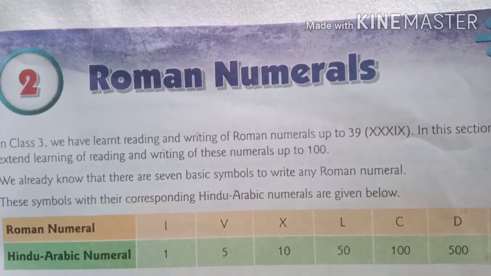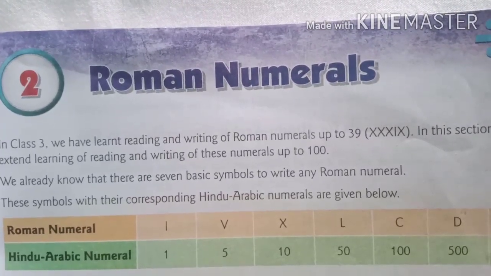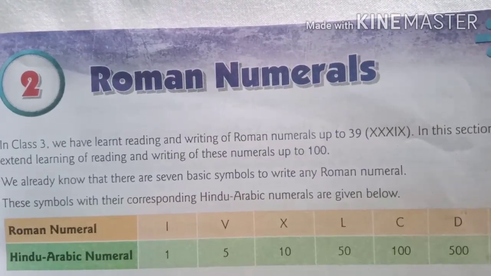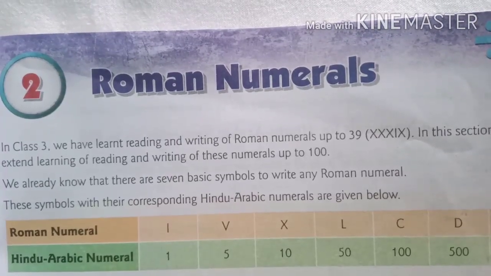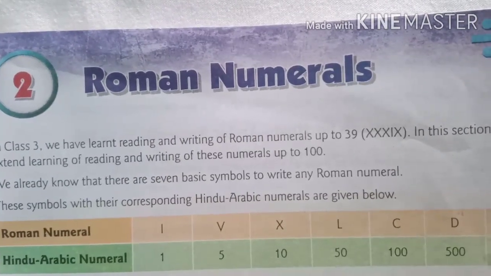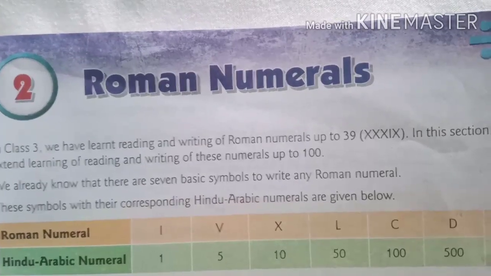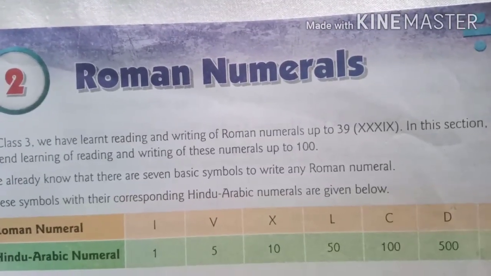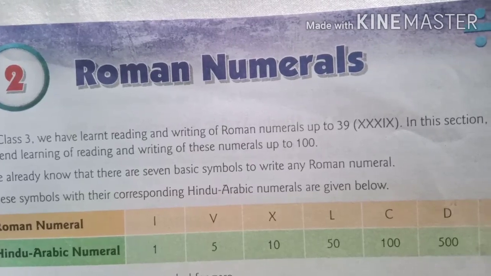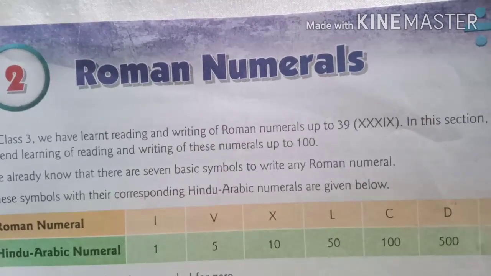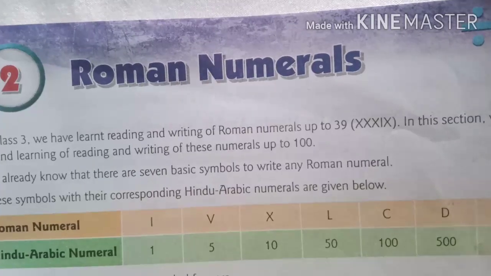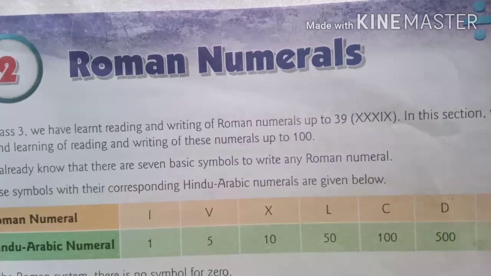It means in previous classes you have read the Roman numerals up to 39. Okay, in this class, in class 4, we shall learn reading and writing of Roman numerals up to 100.